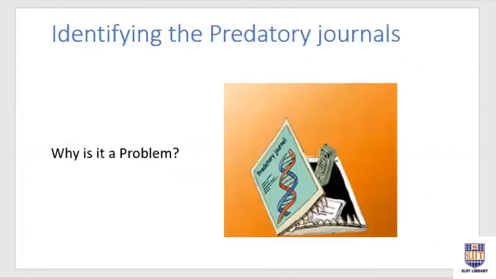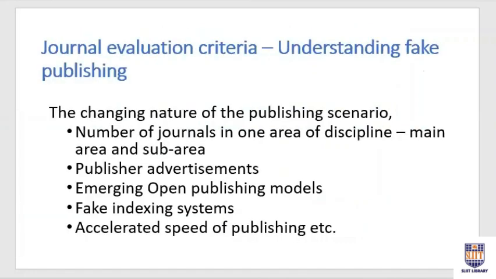What is the problem lying in these predatory journals? We'll see there are specialized characteristics in predatory journals. There are a number of journals in one area of discipline and sub areas as well. A lot of the same titles are popping up in the same subject area, and they are going behind academics using emails.